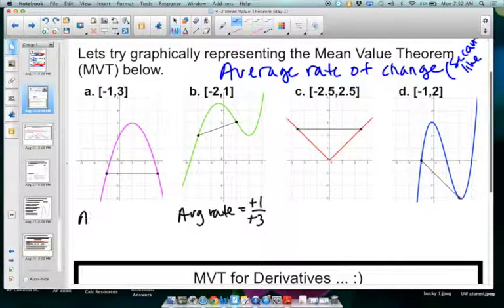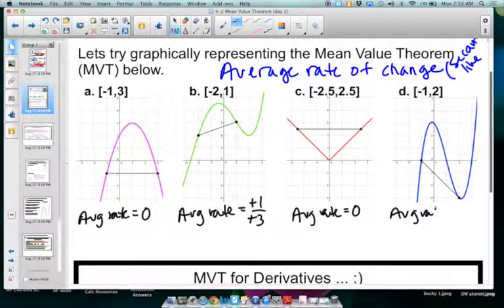Our average rate of change here is 0. What's our average rate of change here? I'm going to call that -1. Does that make sense? Down 3, right 3, down 3, right 3.